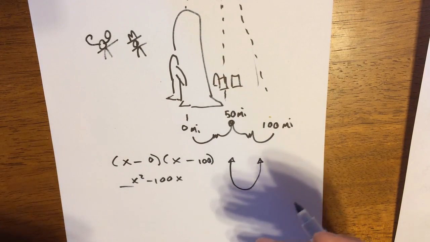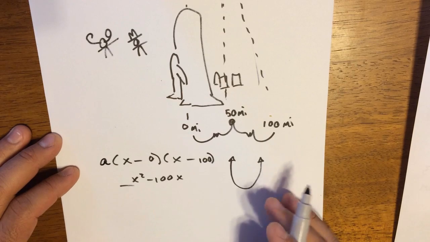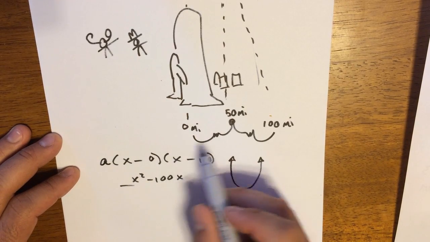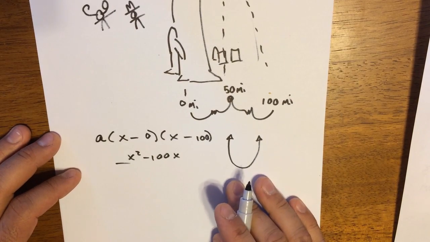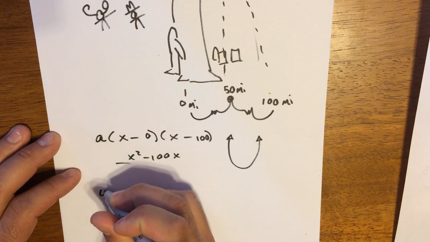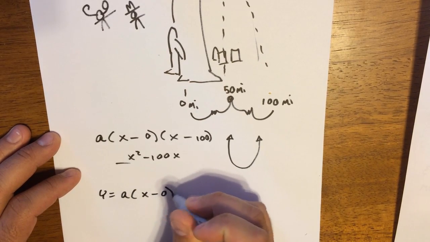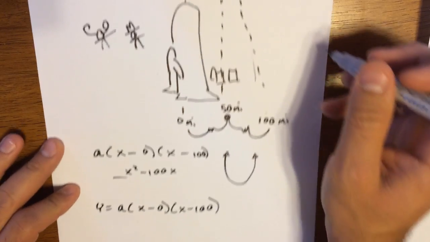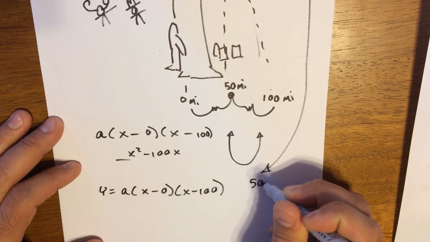So we can't just put in a negative 1. What we need to do is realize that this equation is actually a times, in parentheses, x minus your 0, and then another parentheses, x minus the other 0. So that's how you're going to set it up. Now this is equal to y. So if I know that it's (x minus 0)(x minus 100), and I have a point, which we got up here, I can take that point and plug it in and solve for a.